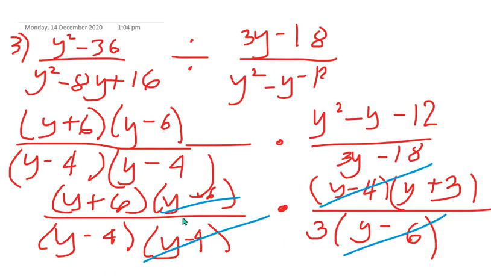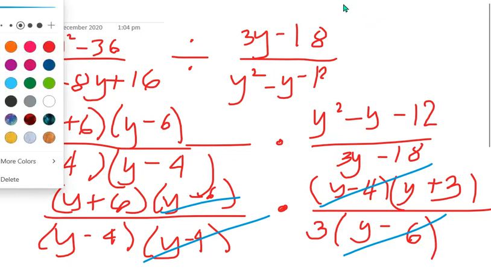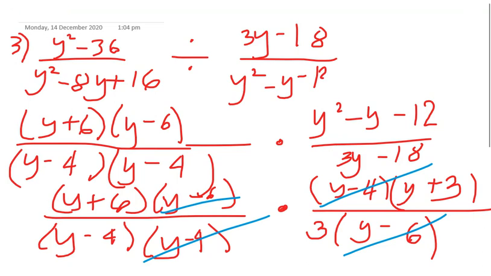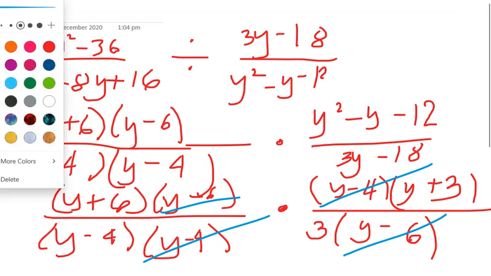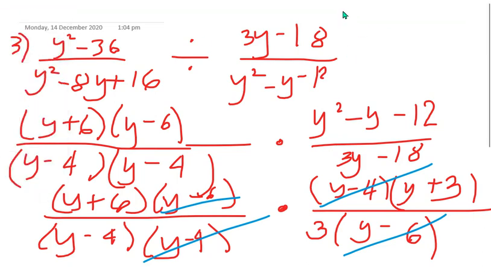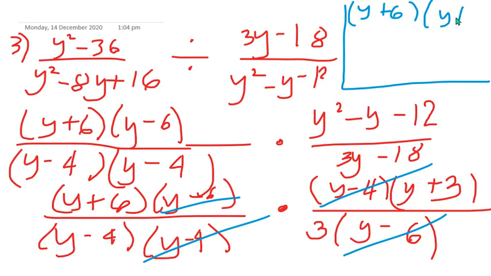Okay? So therefore, what remains in your denominator and the numerator, let's put it here. So we have y plus 6, then y plus 3.